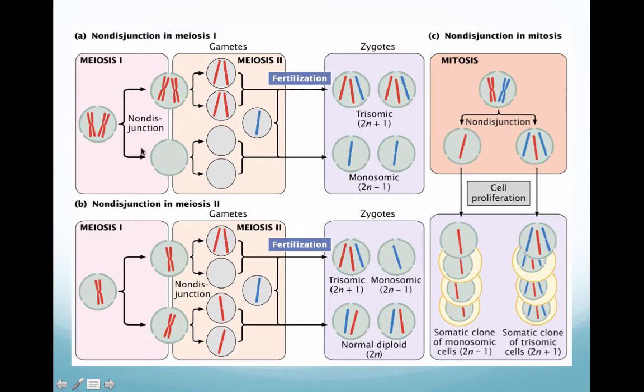But with non-disjunction, we get failure of separation during anaphase, so one cell ends up with all the genetic material and the other cell ends up with no genetic material.